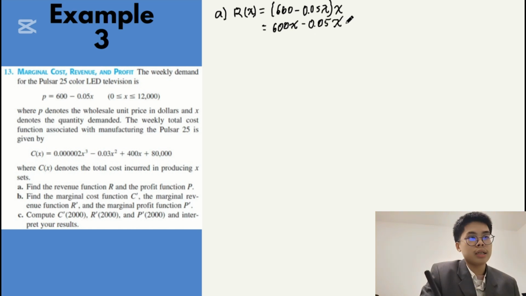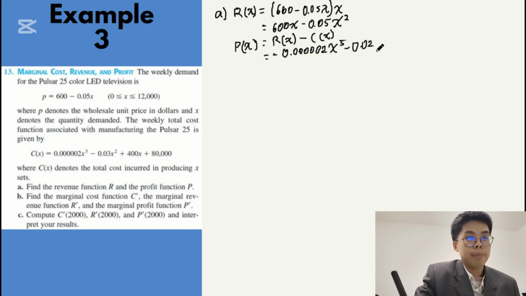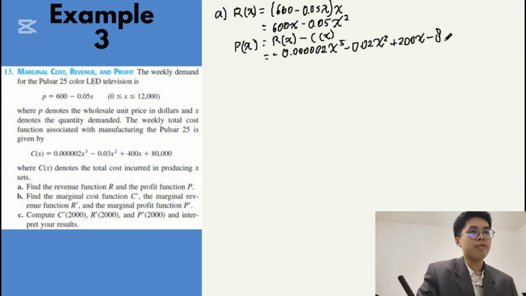To find the profit function, you subtract the cost function from the revenue function, and you get the profit function, which is minus 0.00002x to the power of 3, then minus 0.02x squared, then plus 200x minus 80,000. And this is the profit function.